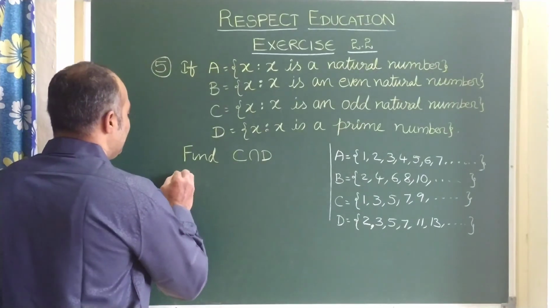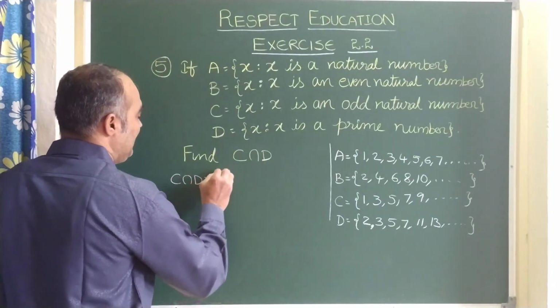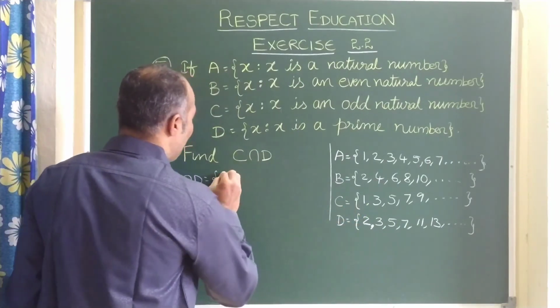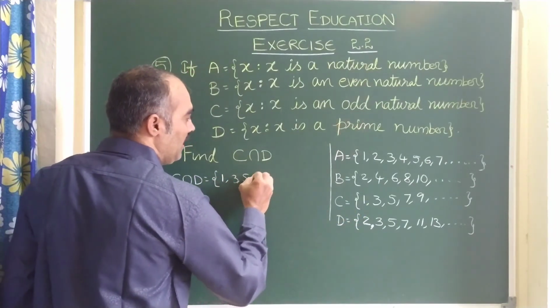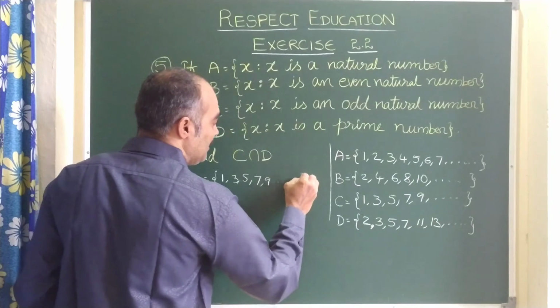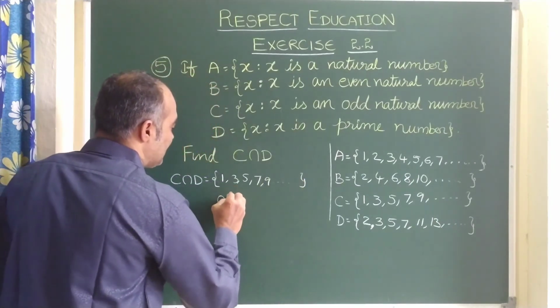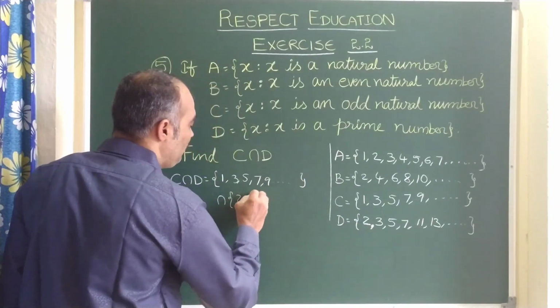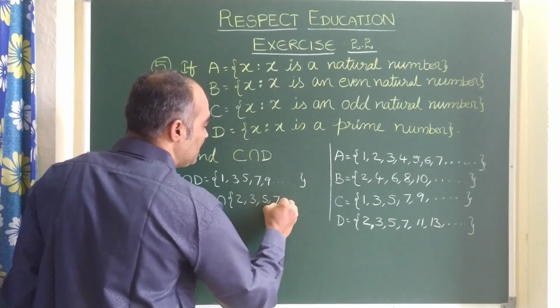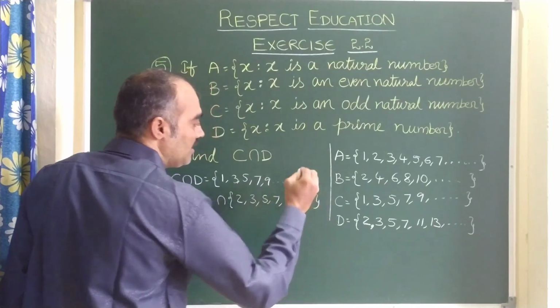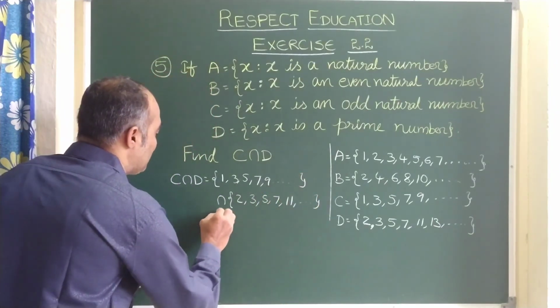Now let us see the next bit, that is C intersection D. C is 1, 3, 5, 7, 9, this is set C. Intersection D. D means here 2, 3, 5, 7, 11, and so on. Here let us take the common elements.